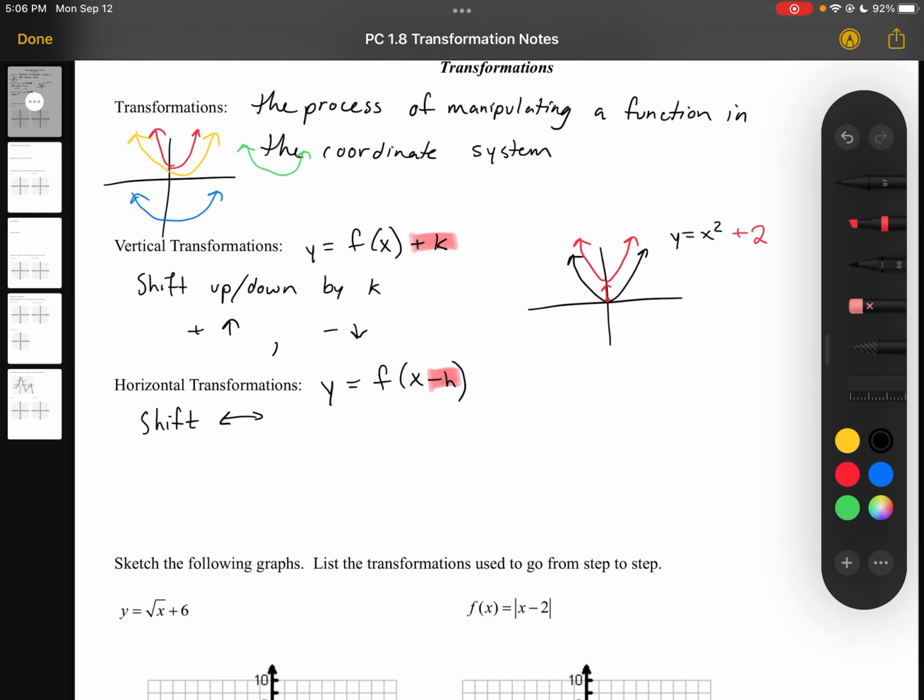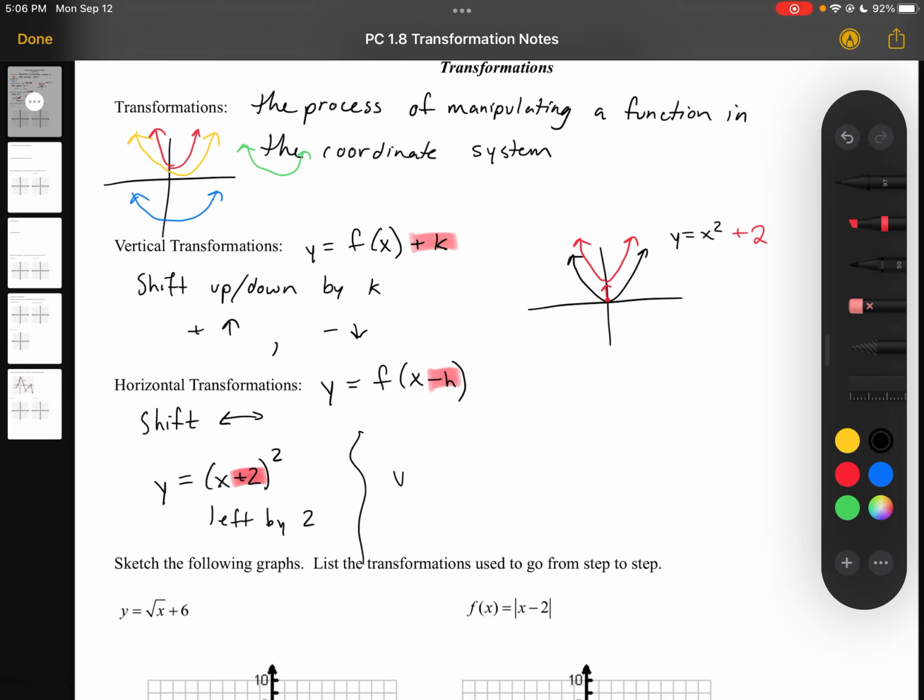So in this situation, what we're going to see is actually the opposite of what you would expect. If we see something like, let's say, y equals x plus 2 squared, we have plus 2, but this is actually going to move us to the left by 2.